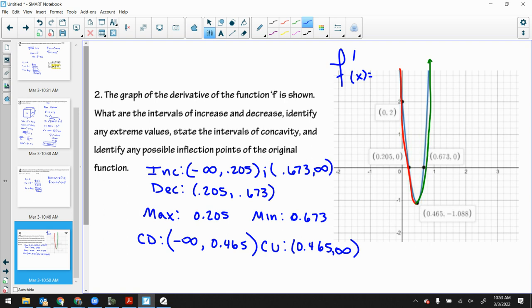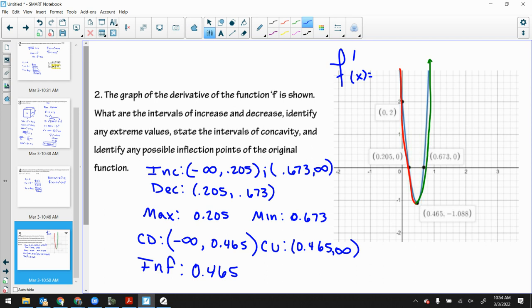Which means that we have an inflection point at that 0.465. And I think I did it all, right? Increase, decrease, extremes, concavity, inflection. Yep.